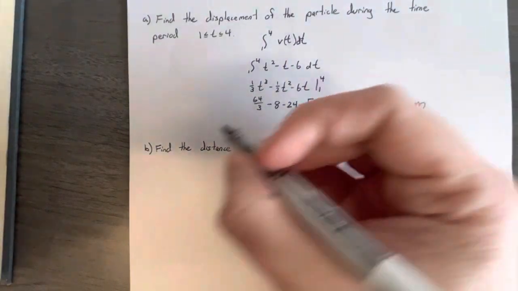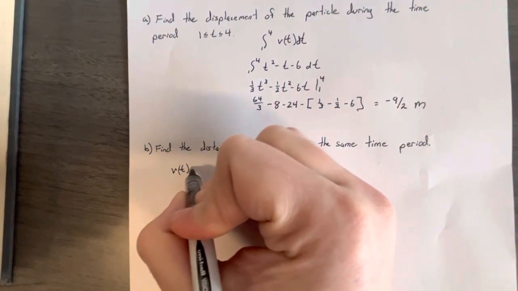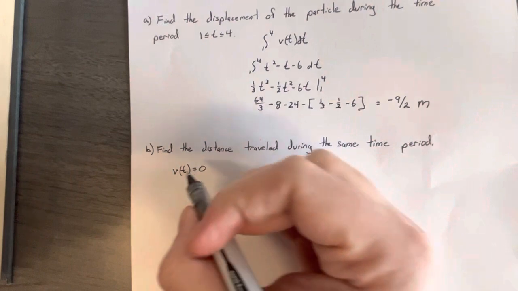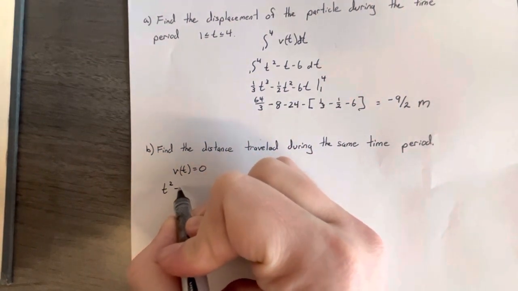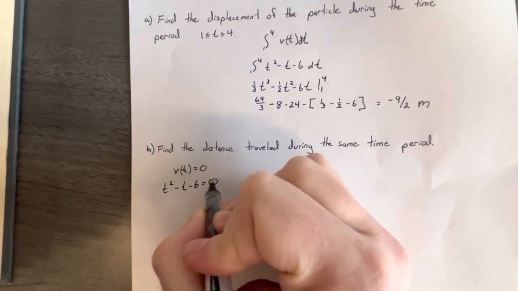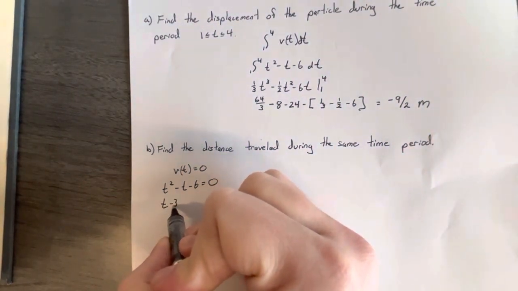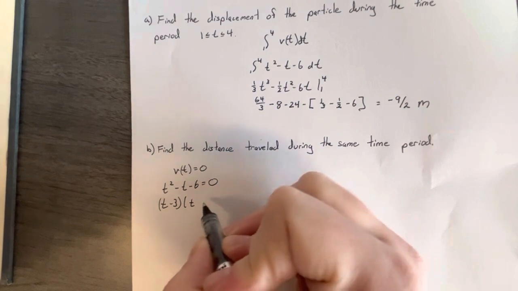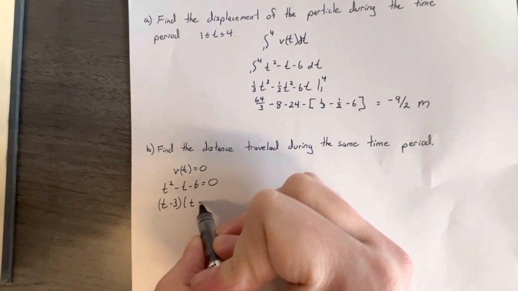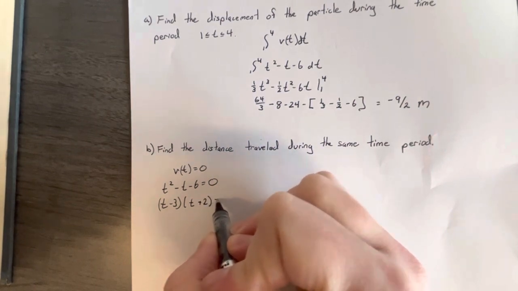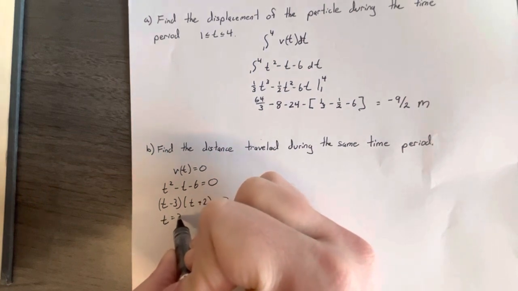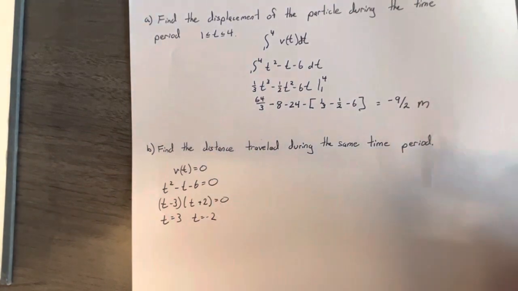So in order to get here, you need to take your velocity and set it equal to 0. Solving this equation equal to 0, a quick factorization. What's that, t plus 2? So at 3 and negative 2 seconds.